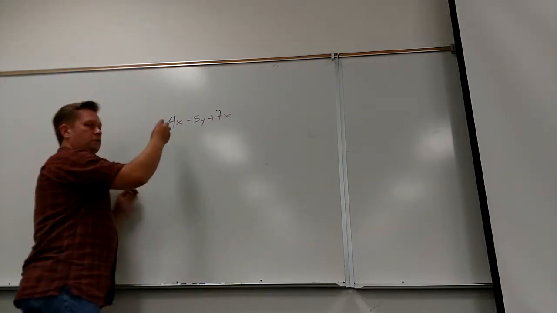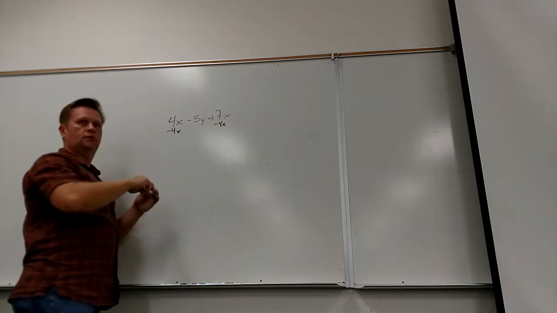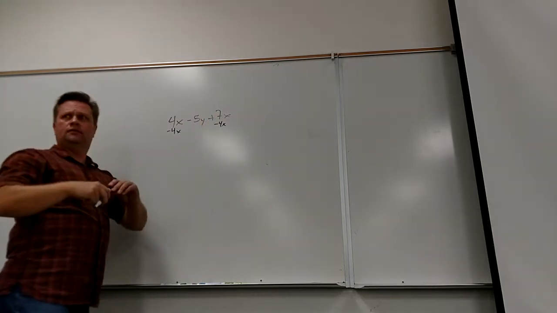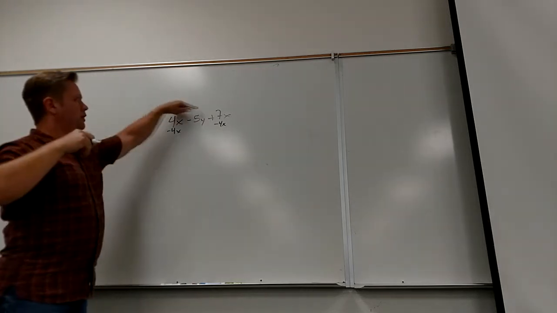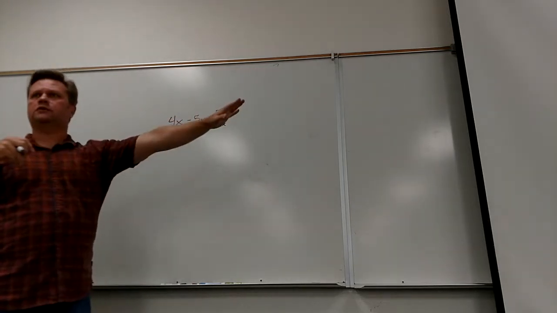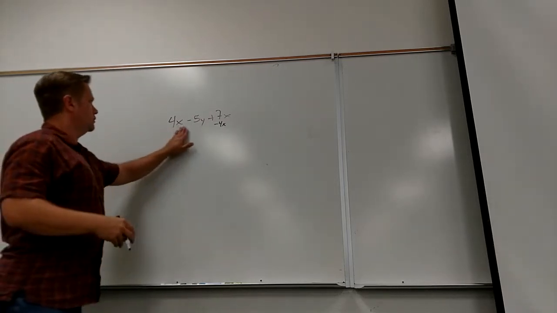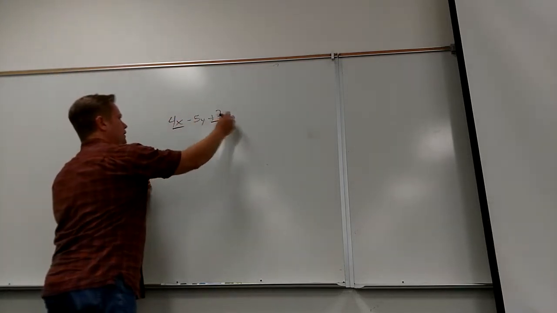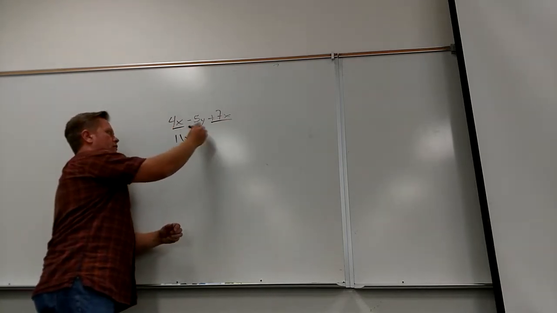See, way too many people doing this. What? You do the same thing to both sides. Is there another side to this? There's no equal sign. There's no side. There's no less than or equal to sign. There's no sides. It's just 4x and 7x. It's still 11x.